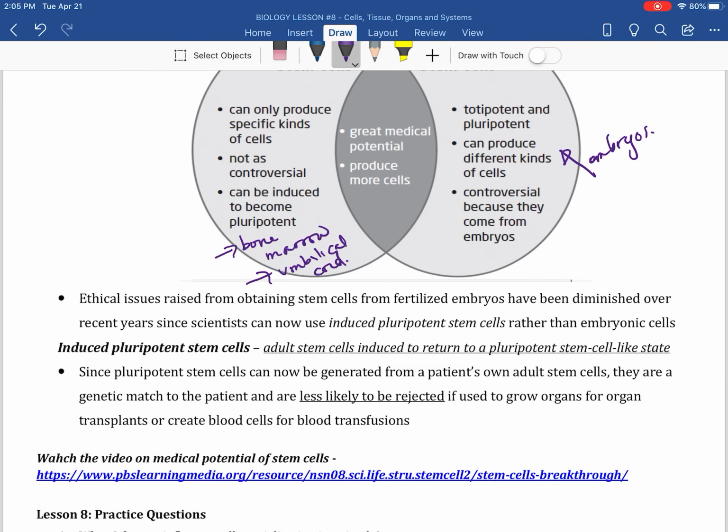I've already brought up the ethical issues from using fertilized embryos, because now what we can do is use induced pluripotent cells from the adult stem cells. Okay, so this is now a more ethical way of using stem cells.